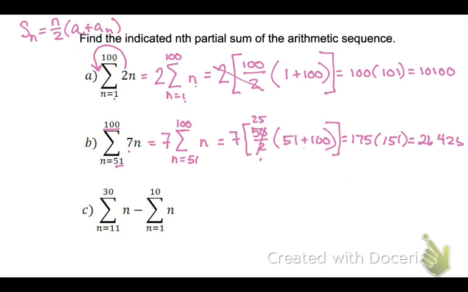26,425. Okay. This n, remember I said this n was how many things you're adding. Yes? And if you're starting at 51 and going to 100, that is not 100 things. That is 50. Now, the way you figure this number out, the easiest way is 100 minus 51 plus 1. So this would be 49 plus 1.